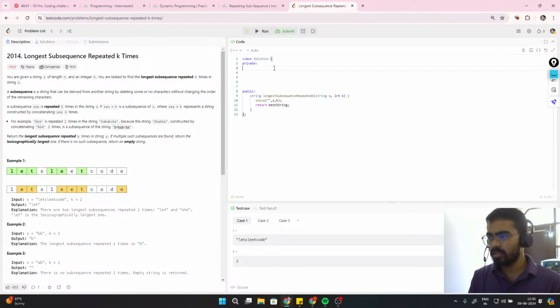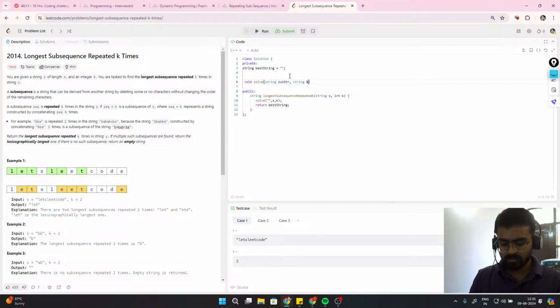So let me declare this best string. Initially it will be empty. Now this will be a void solve method which will take substr, the string s, and an int k.